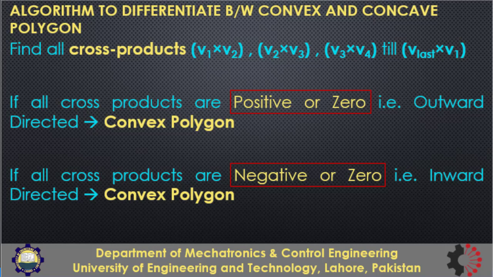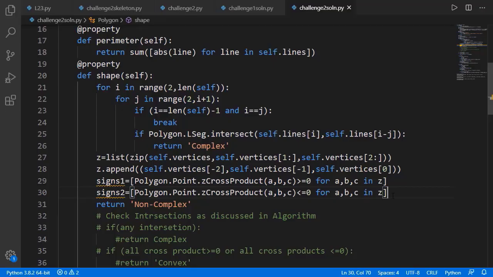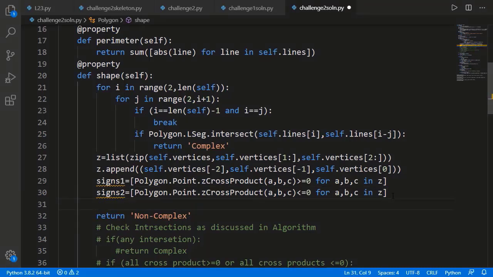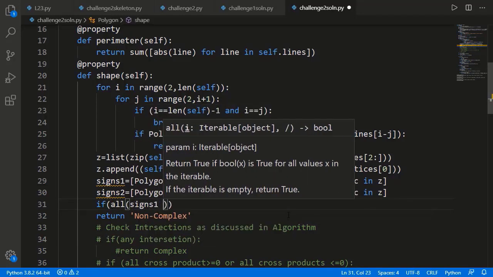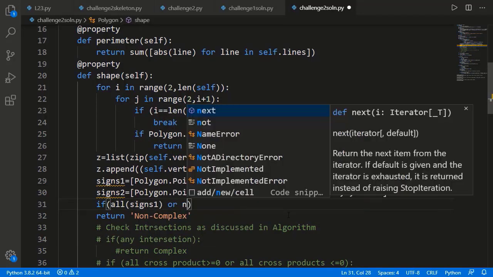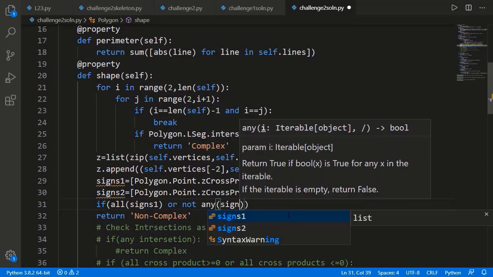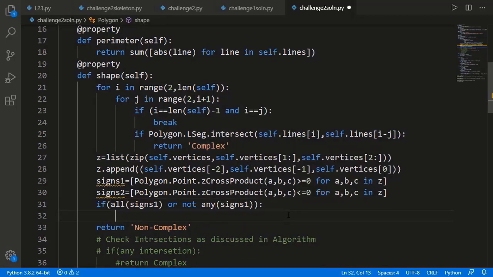The two lists sign1 and sign2 have Boolean results of the cross products satisfying the conditions mentioned there. We can check if all entries of sign1 list are true or none of the entry is true. And that means polygon is convex.